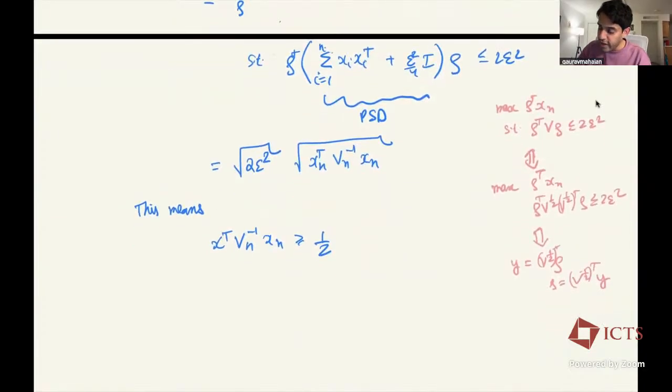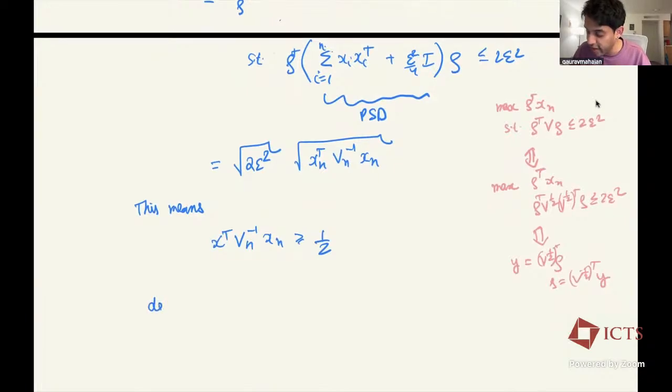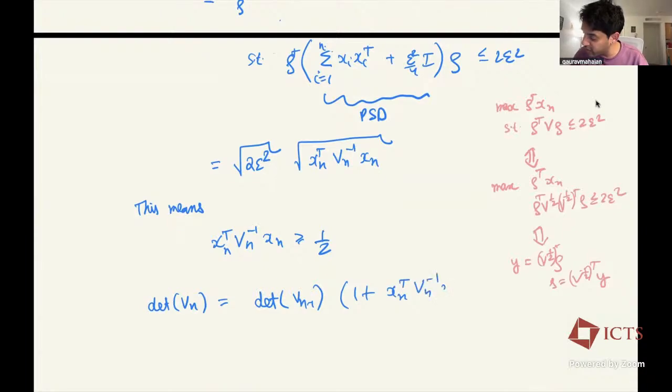Okay, so if you look at the volume of Vn, if you look at the determinant of Vn, by the matrix determinant lemma, it's going to be the determinant of Vn minus 1 times 1 plus exactly the term, the norm of xt in the Vn inverse basis.